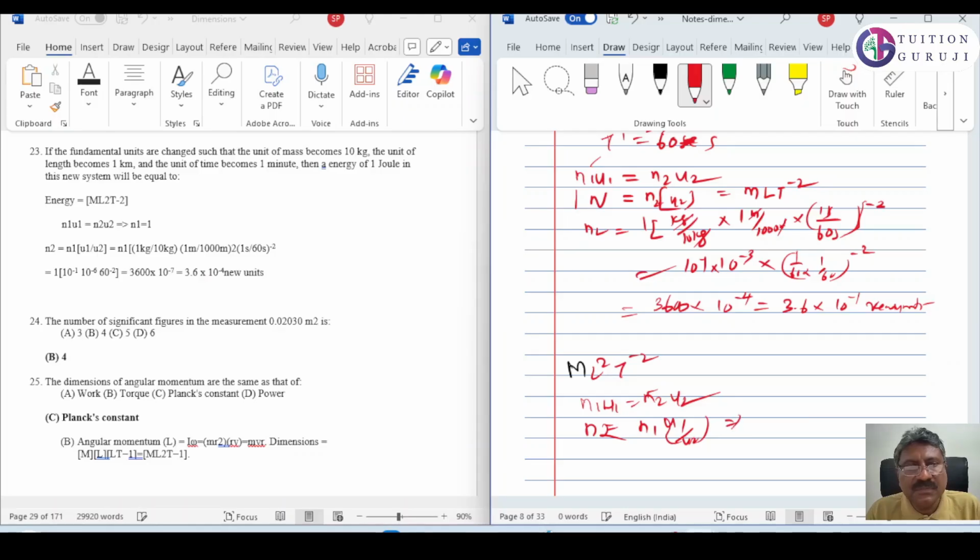Which implies n1 into, for mass, u1 is kilogram and the new unit is 10 kg, into 1 meter by 1000 meter, taking L square, then T raised to minus 2, which is 1 second by 60 second raised to minus 2. So that is for energy.